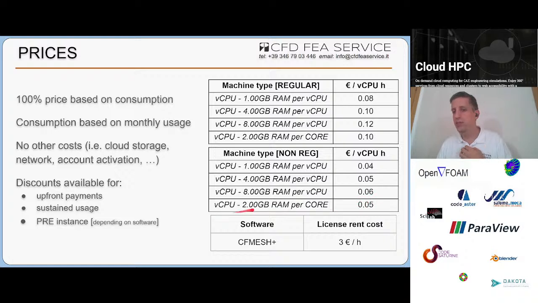And this gives you 2 gigabytes of RAM per physical core. On top of that, it is possible to use cfMesh Plus for €3 per hour. So that's an extra cost just for using the software. It's like a license renting cost for the software.